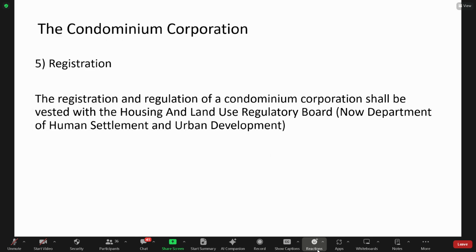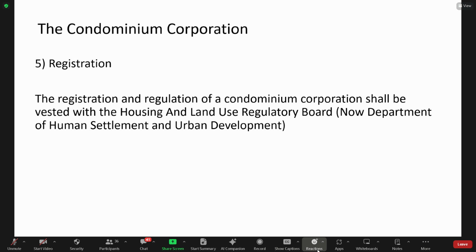Number 5, registration. Yung registration daw and regulation of the condo corporation ay hindi sa SEC. Yung SEC, alam nyo, di ba? Securities and Exchange Commission, sila yung nagre-regulate ng corporations. Usually. Except ang condo corporation.